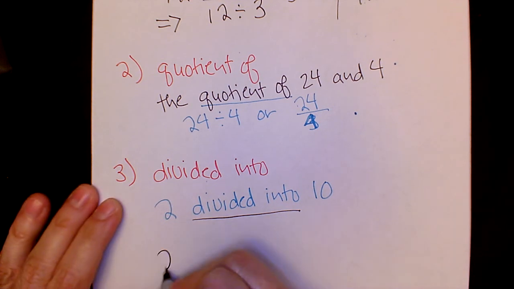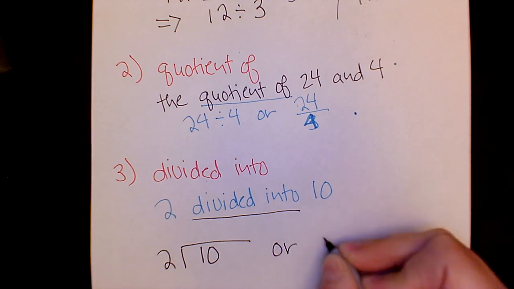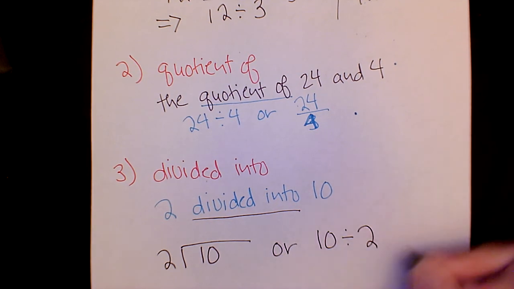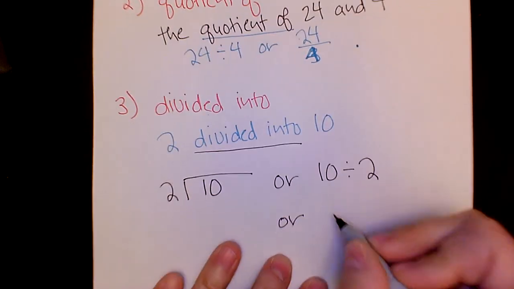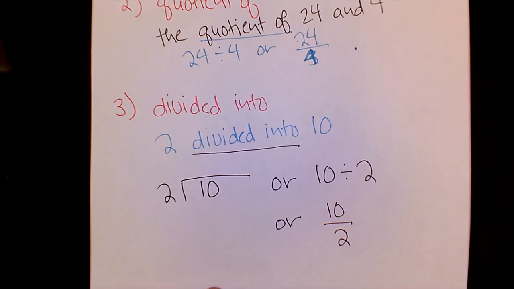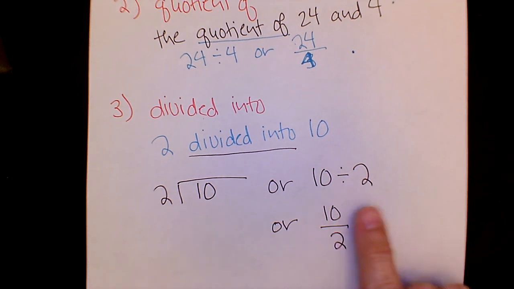So that means we're going to take 2 and divide it into 10. Or we could say any one of these three would be good. 2 divided into 10. They all mean the same thing.